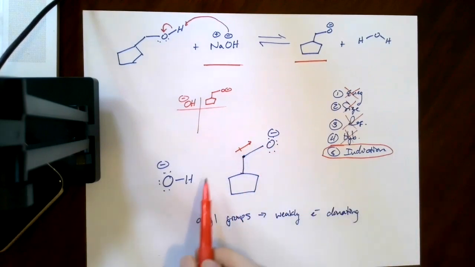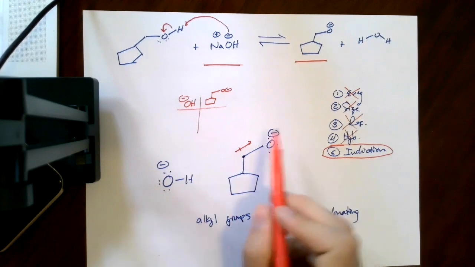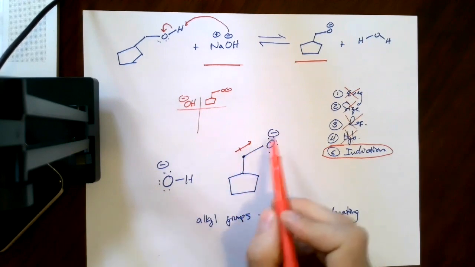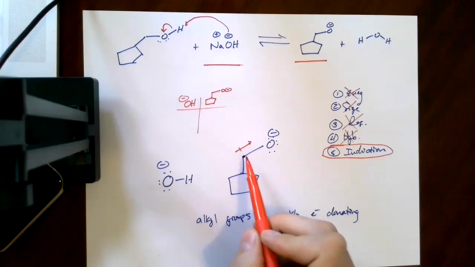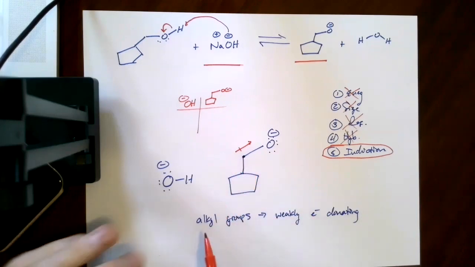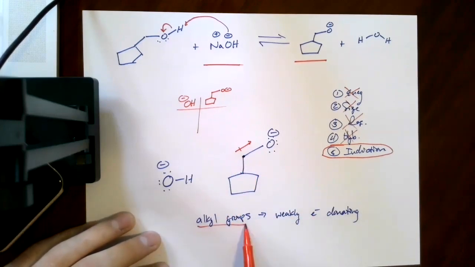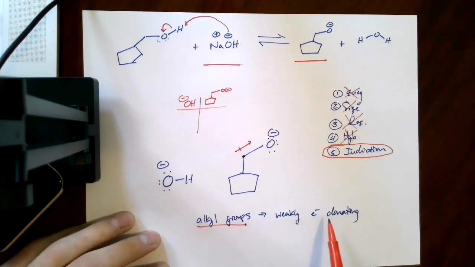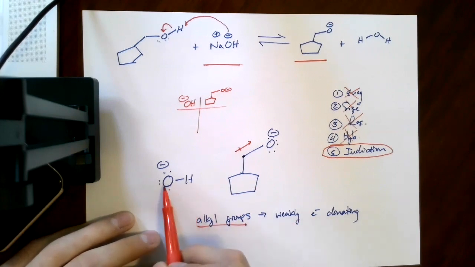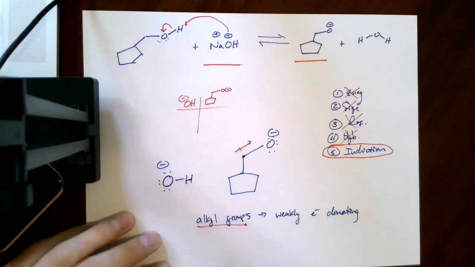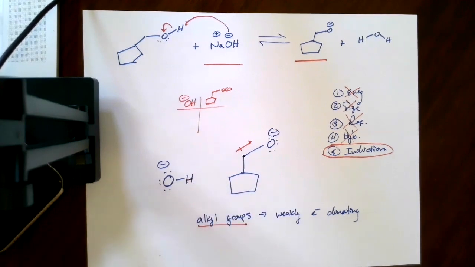And the difference between the hydroxide ion and this alkoxide is that the alkoxide has a neighboring carbon. And that carbon's natural tendency, this alkyl group's natural tendency, is to donate a little bit of its electron density. This hydroxide has no carbons next door that are going to donate it.